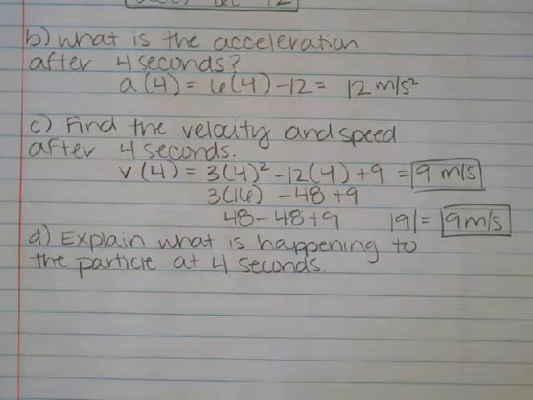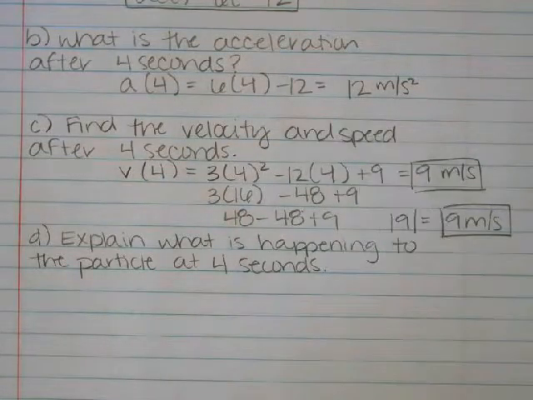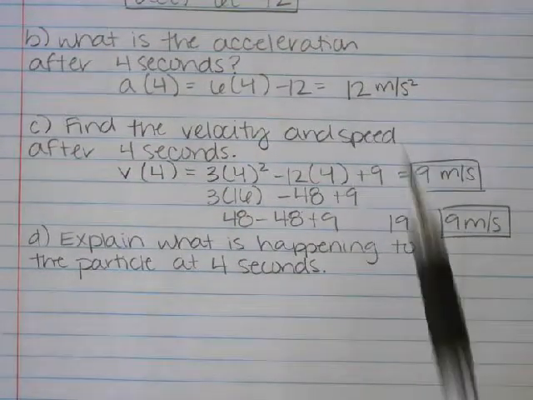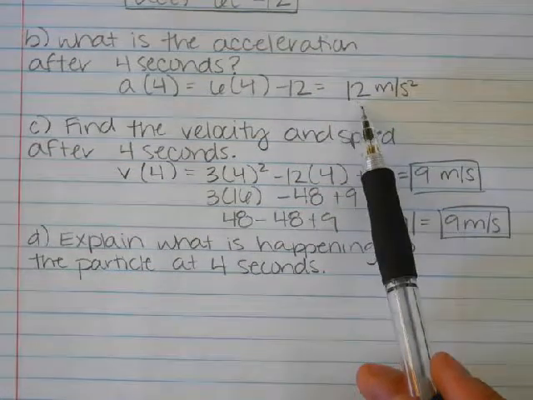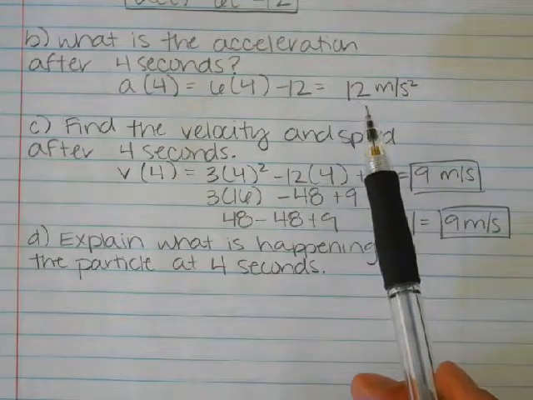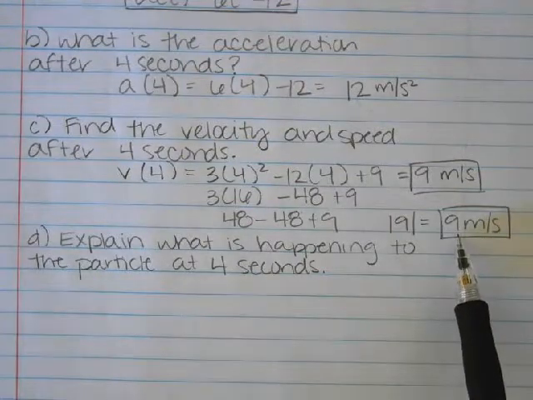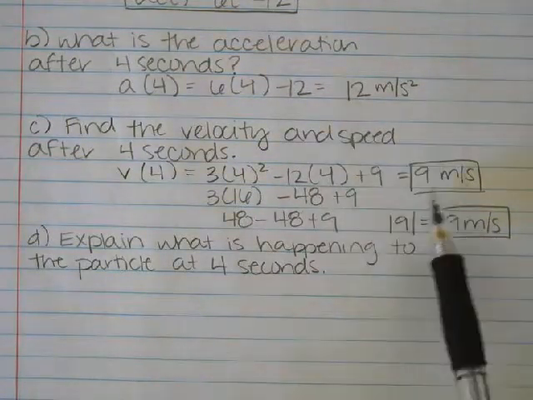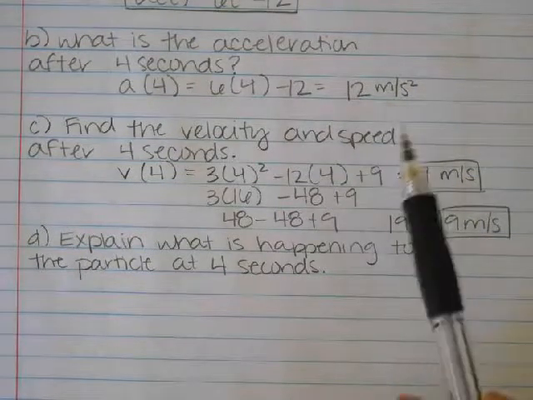Does that make sense? Our acceleration was positive, so our speed is increasing, and it's doing it at an increasing rate. The particle is moving faster. It's going at 9 meters per second in a positive direction, and the increasing rate is 12 meters per second squared.